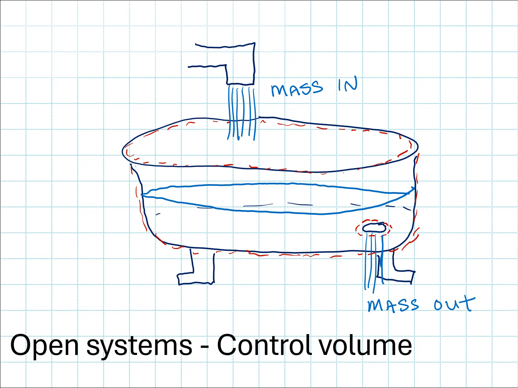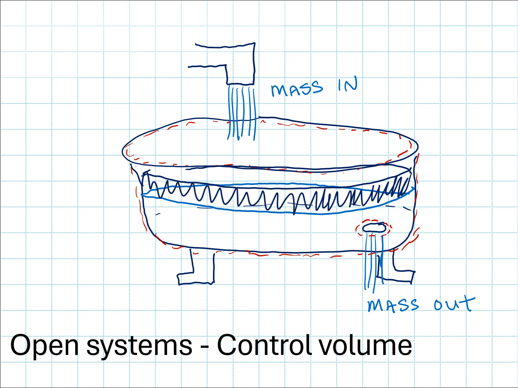What's going to happen? Well, the water level in my tub is going to go up, right? We've all had this experience of filling up a basin or a bathtub before. And so this increase in mass over that time that I'm filling represents the storage of mass within my control volume over that time.